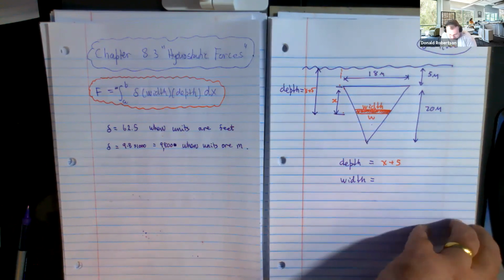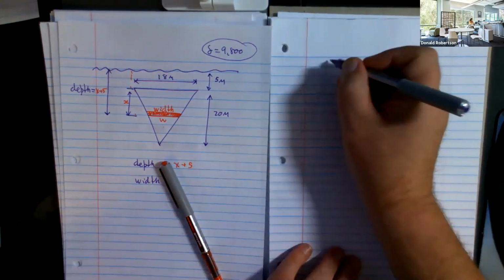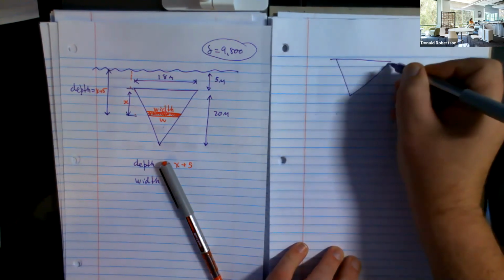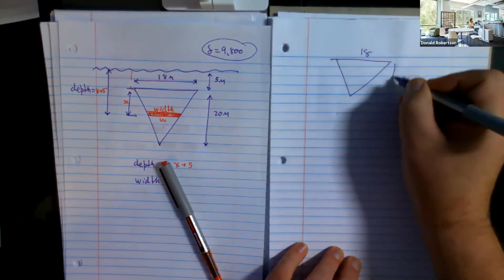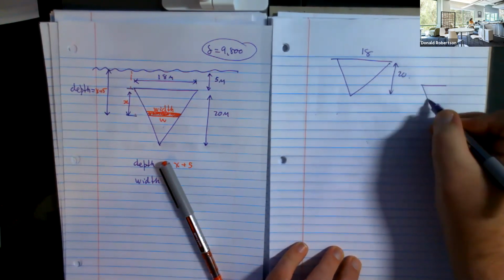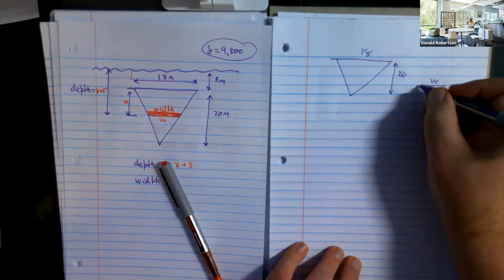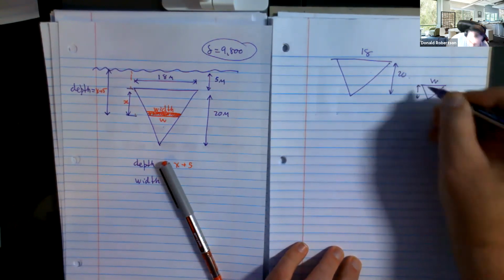Now, let's build some similar triangles here. The big shape is basically 18 by 20. And the little baby shape is the bottom piece, which is W by, uh-oh, we don't know.